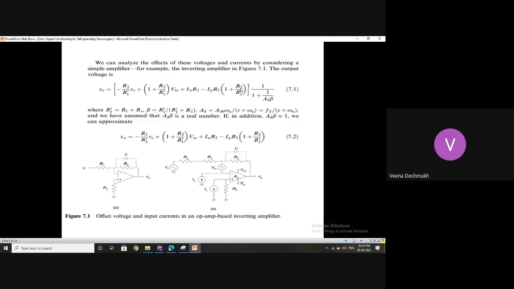Because of this, your output VO is simply equal to this, ignoring this parameter. So now the overall gain of this op-amp, for inverting it is minus R2 by R1, and for non-inverting it is 1 plus R2 by R1 dash.